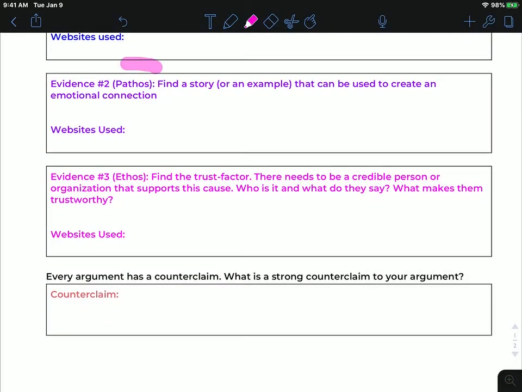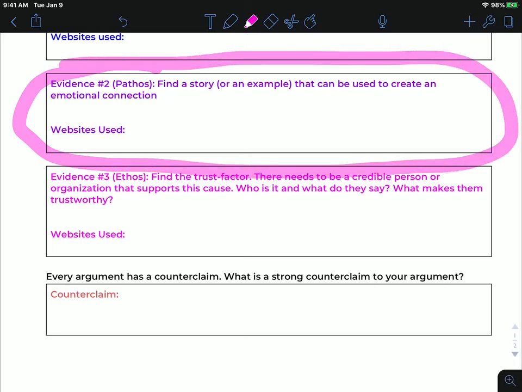Evidence number 2, this is where you're going to be focusing on your pathos. For a lot of people, this is very critical. If you remember the article on the death penalty that we read, the author kicked off with a story about somebody who was being executed, but it was a botched execution.